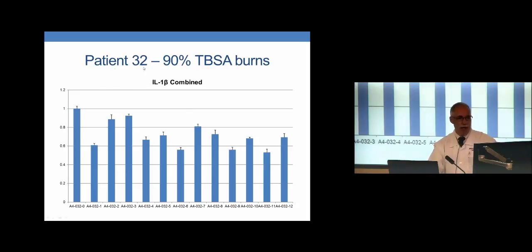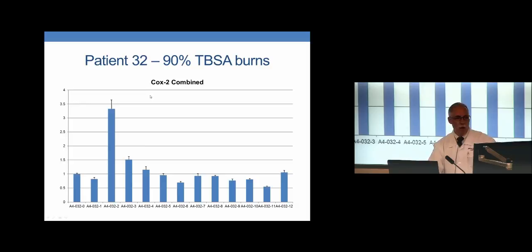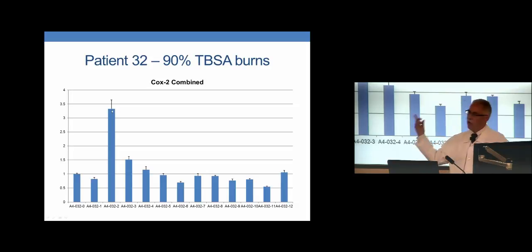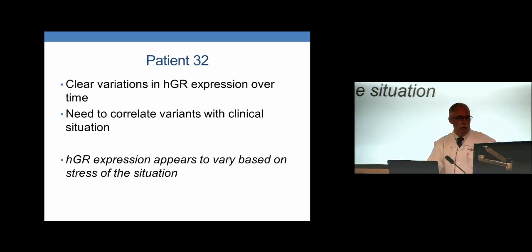And we've actually started to look at, here's IL-1 beta. Yeah, there's variability. We need to correlate it. We did find at one period now, here we are about 32 days out, a huge increase in the COX-2 expression. So maybe at that point, and again, we have to go back, so maybe in a couple of years, we can go back and say, we have found that during periods of stress, these cytokines are hyper-induced in response to the stress of the injury.